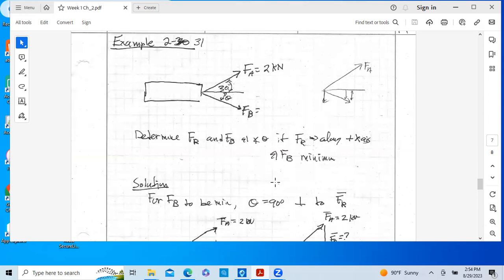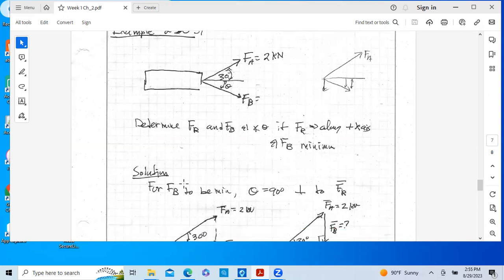This is problem 231 in your textbook. I don't have the textbook problem.